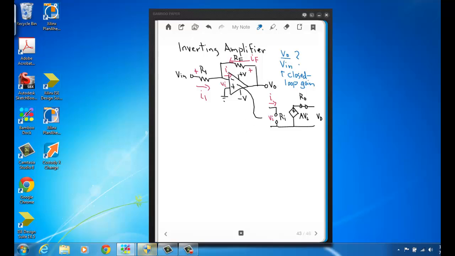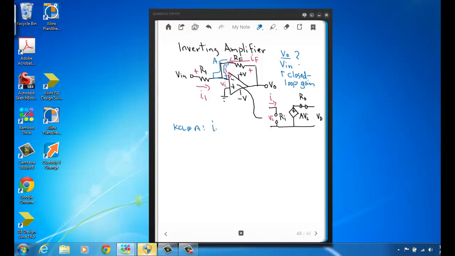And the way we're going to do this is basically a node voltage expression at this node that I'm going to label A. So this node right here, we're going to call node A. And we're going to start off with the KCL equation at A, and you can see I have I1 defined going in and IF defined going in.